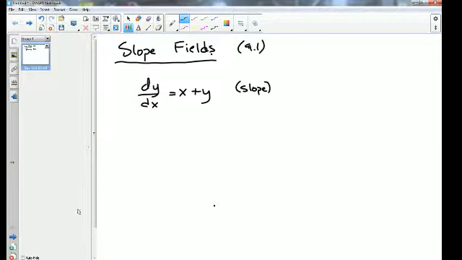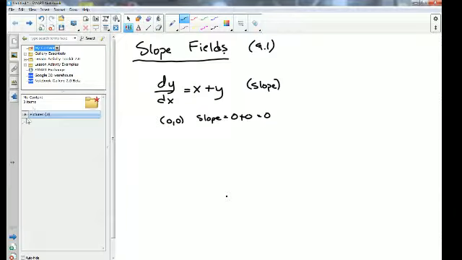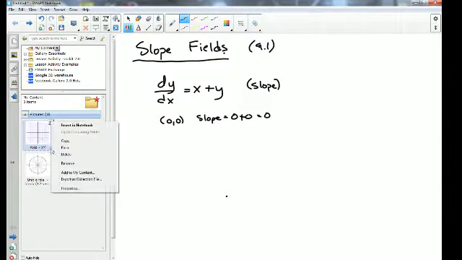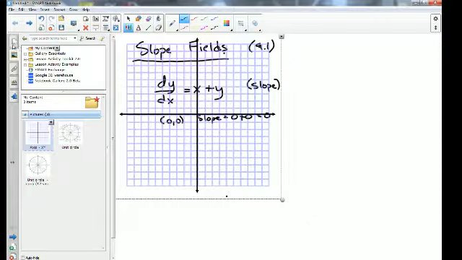Okay. So at the point 0, 0, the slope is 0 plus 0, right? You okay with that? All right.